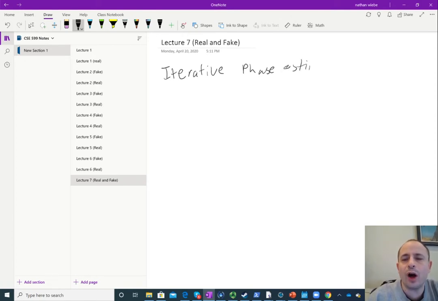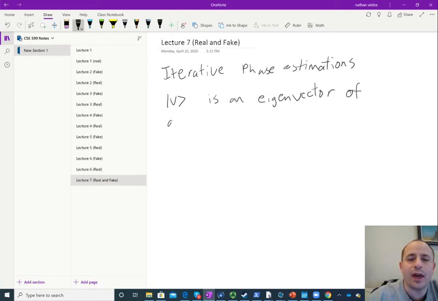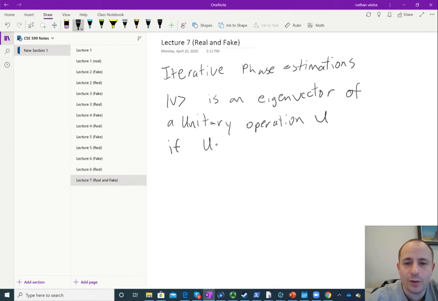Recall, for those of you who haven't looked at eigenvalues for a while, we say that a vector v is an eigenvector, where eigen just means characteristic, of a unitary operation U if Uv equals e^{iθ} v.